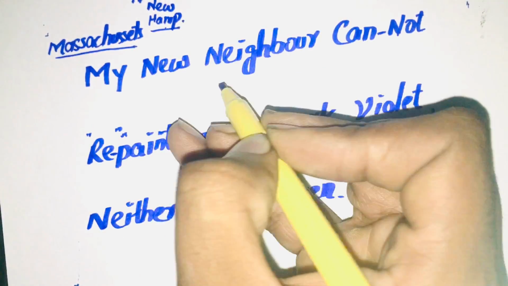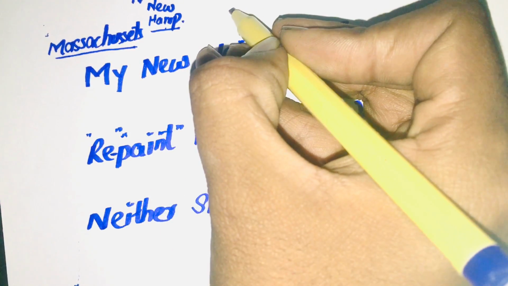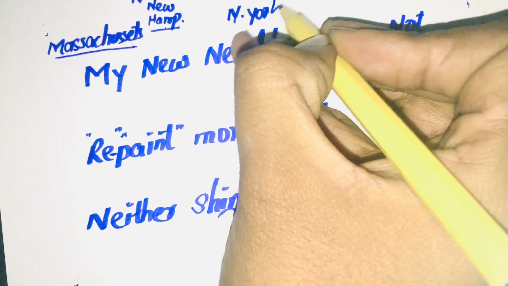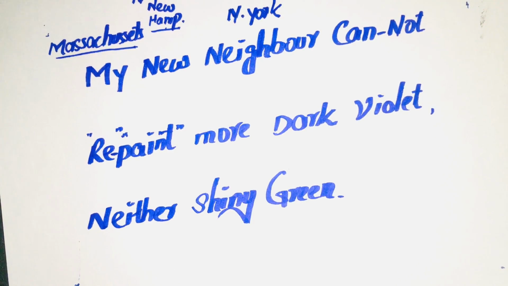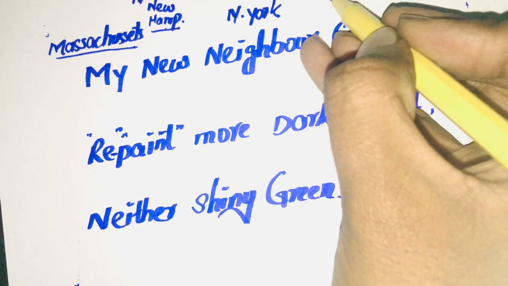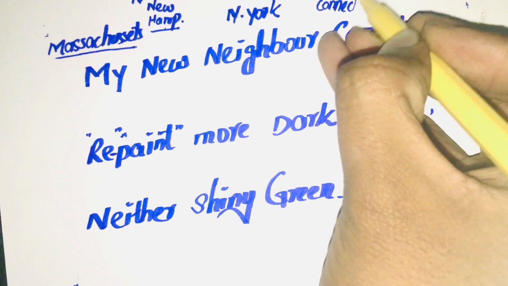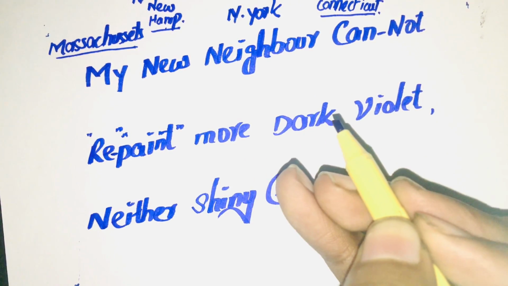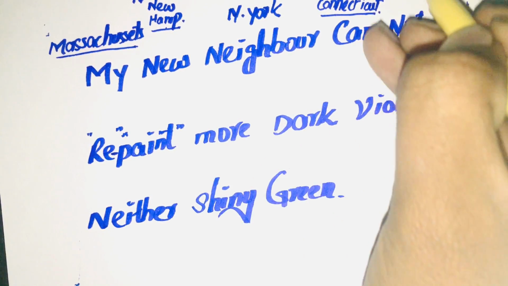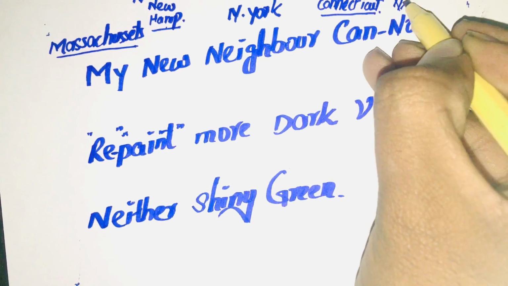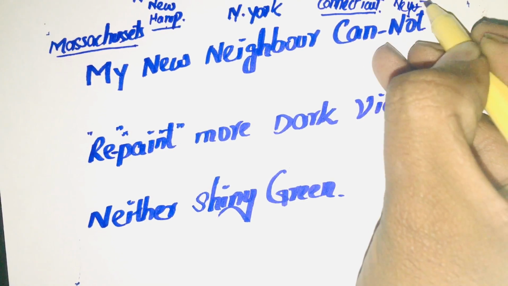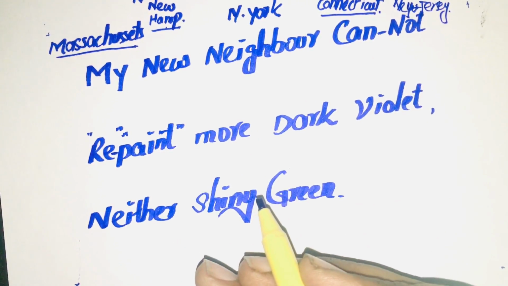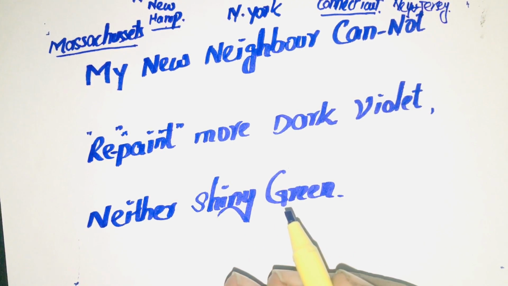Okay, just remember this. And then you must write New York here. And after that, here you must write Connecticut. And then you must write New Jersey here. I hope that everyone can clearly see this.